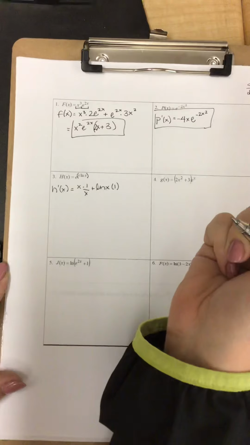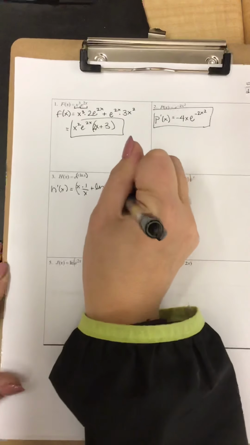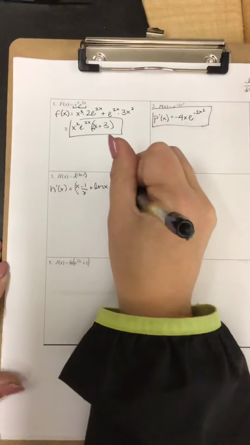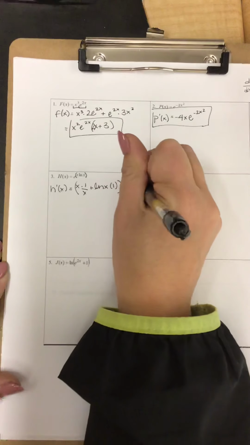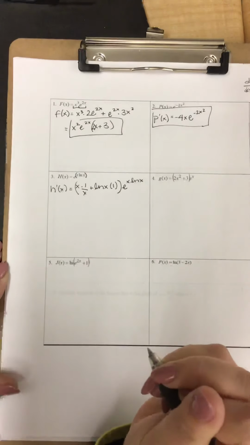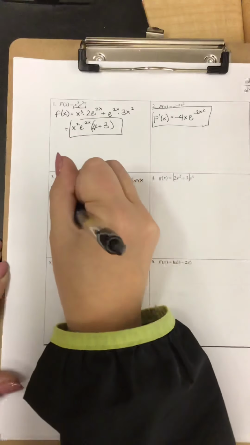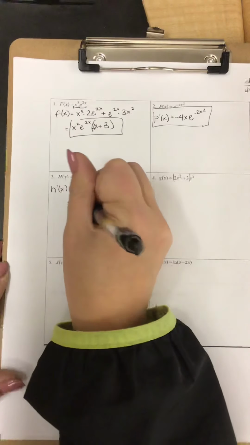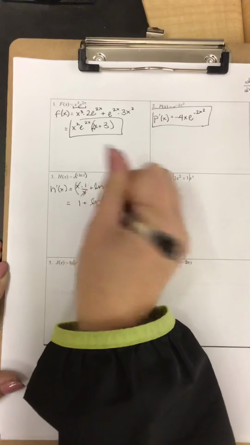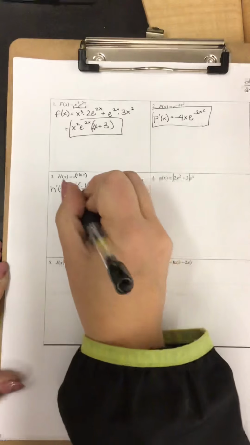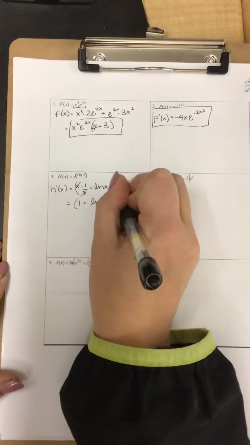Okay. So that's the derivative of the inner function times the derivative of the outer function. Okay. And then just clean it up. These x's cancel, so you get 1 plus natural log of x, okay, times e to the x natural log x.